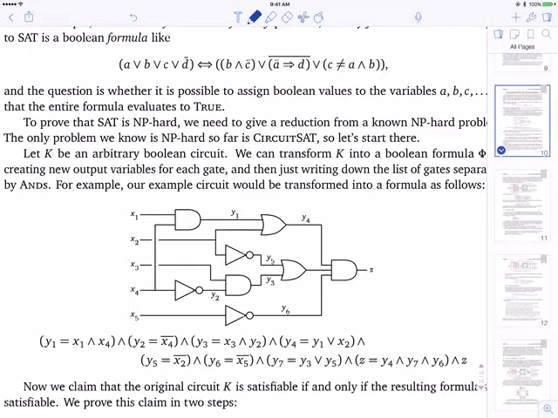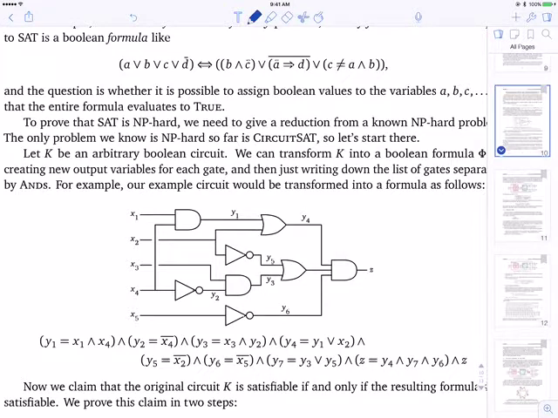So the formula satisfiability problem says the input is a Boolean formula, something written in the language of Boolean algebra, where I have variables that are connected by various operators like equals and not and or and possibly implies, and if and only if, and these can be nested arbitrarily.